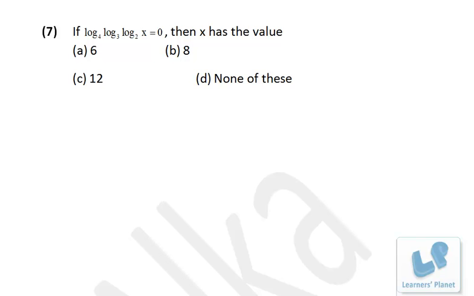Now here this expression is giving the value as 0, then x has the value. Now see what is happening. This entire expression is 0, that means this quantity must be 1, right? So log 2x must be 1, right? So instead of 1 here it is base 3, so I would write it log 3 to the base 3, right?